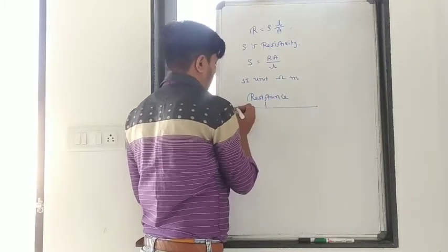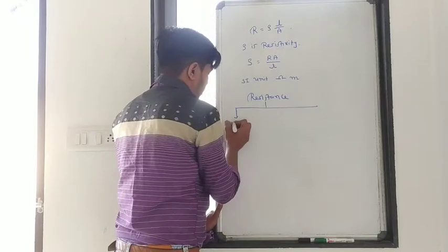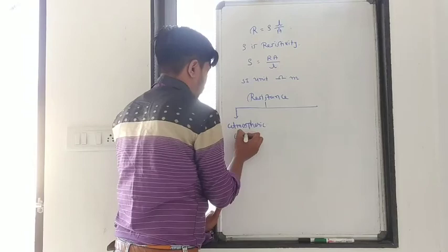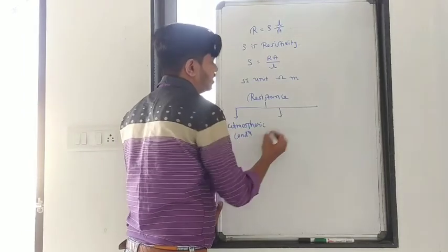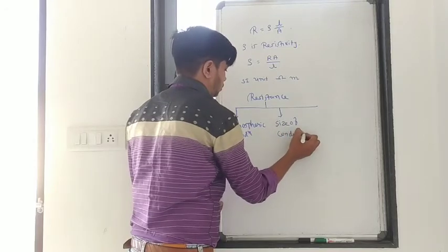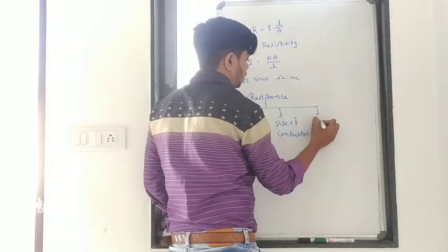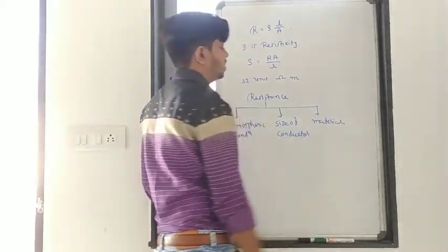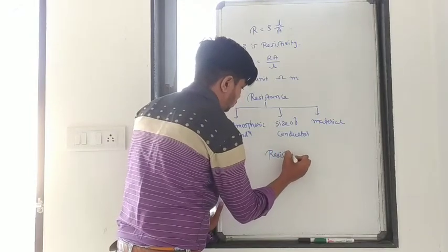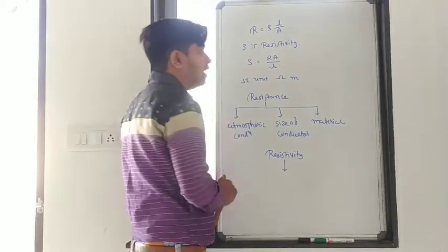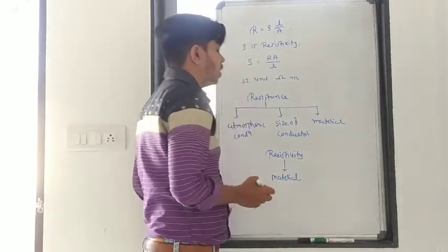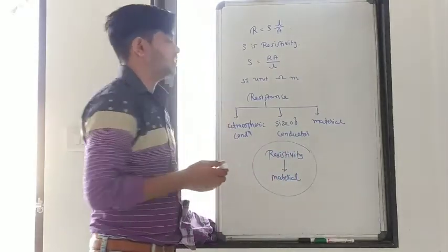The main thing is that the resistance depends on three things. One is the atmospheric condition. Another one is the size of the conductor. And the last one is the material used as the resistor. But the resistivity depends on only one thing, which is the material. Only on which material you have used is the resistivity given.